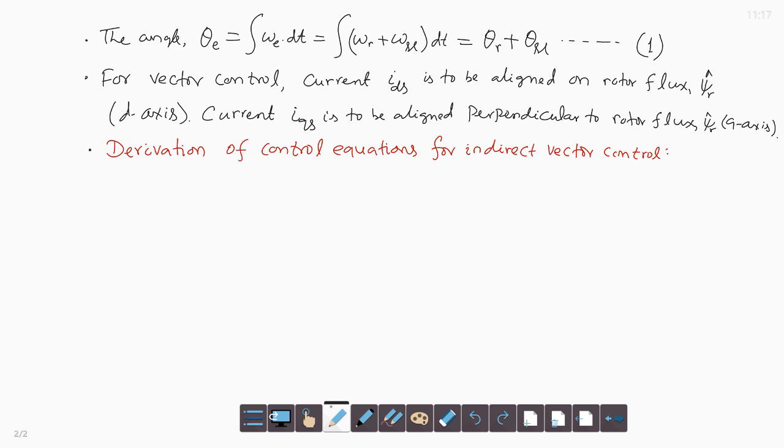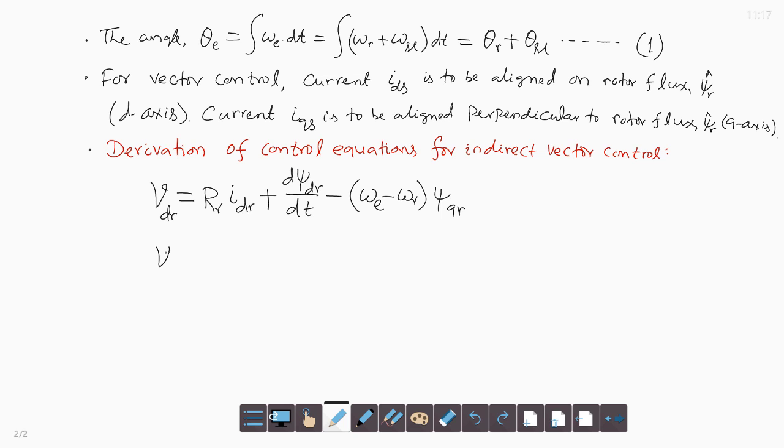From the discussion of the induction machine equations in the synchronous rotating reference frame, we have the voltage across the dr winding, VDR, that is the resistance drop due to current IDR, plus the transformer EMF d psi dr by dt, minus the rotational EMF, omega e minus omega r into psi q r.